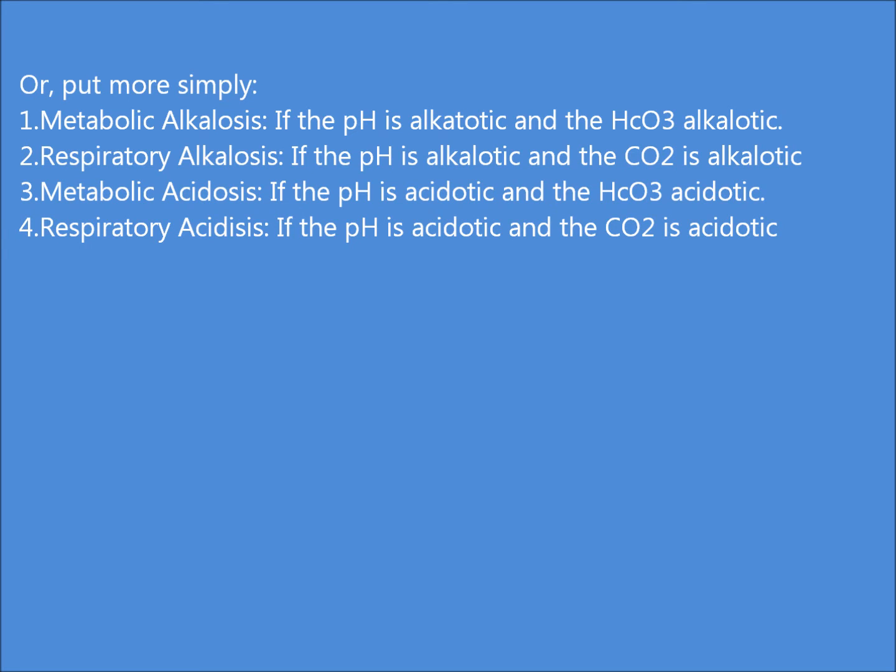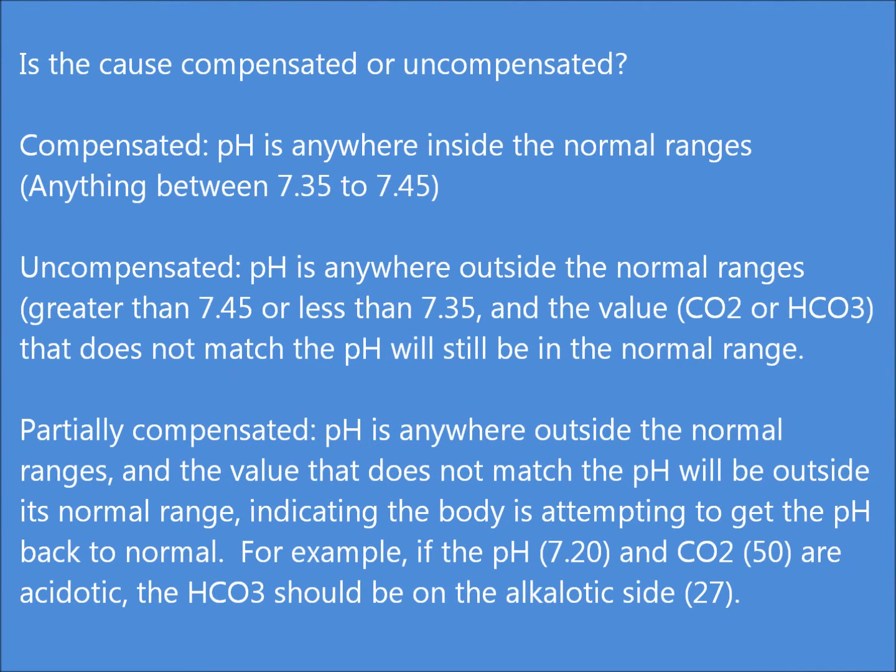Is the cause compensated or uncompensated? Compensated is pH anywhere inside the normal range. Uncompensated is pH anywhere outside the normal range, and the value of the CO2 or the HCO3 that does not match the pH will still be within the normal range.